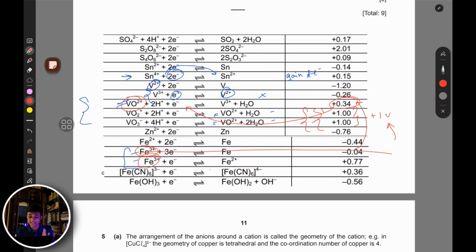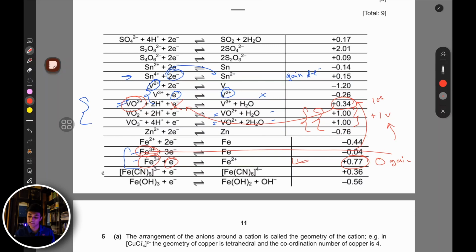If we take another example, this, and compare it with this, VO2 plus will have a lower electrode potential and Fe3 plus has a greater electrode potential. So VO2 plus in this case should lose electrons and this should gain electrons. Is VO2 plus losing electrons? No, it's not. And is Fe3 plus gaining electrons?